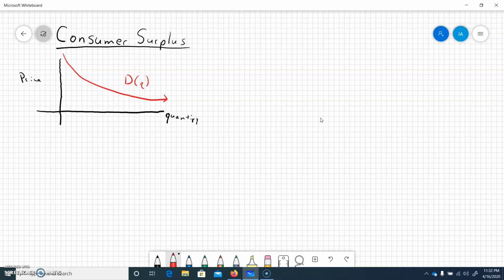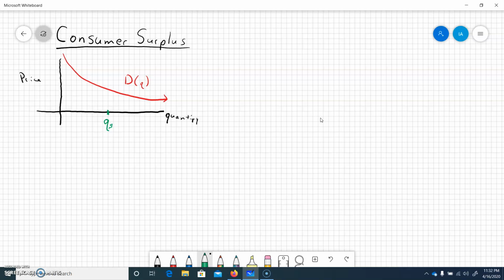And what we're actually going to do here is work with a specific point. So it could be the equilibrium point, but we're just going to call it a random point here. We're going to call it the quantity, and we'll give it a little subscript here, S, okay, for surplus.